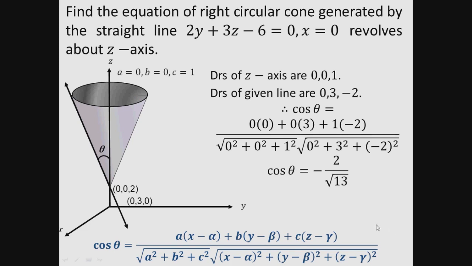And now put all these values into this equation, simplify it, square both the sides, and that gives the equation of the right circular cone. Rest of the part is same as the first two problems, so do the rest of the part.